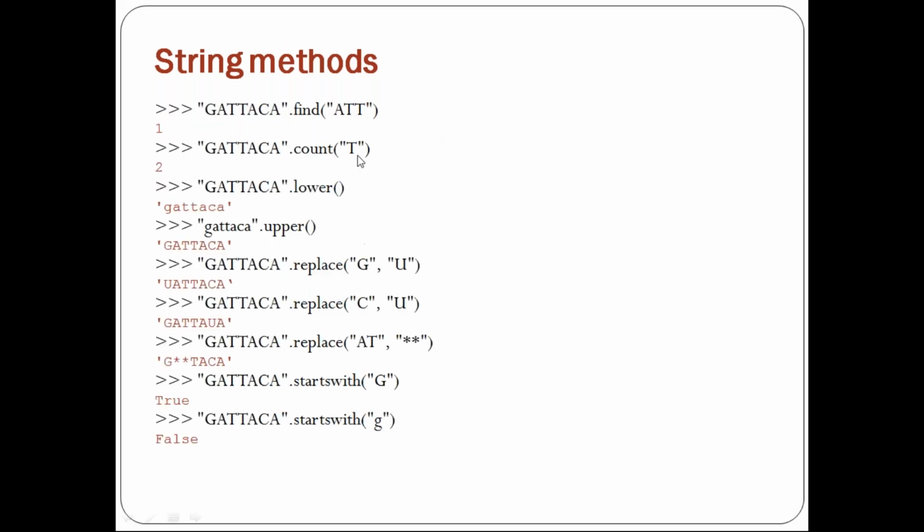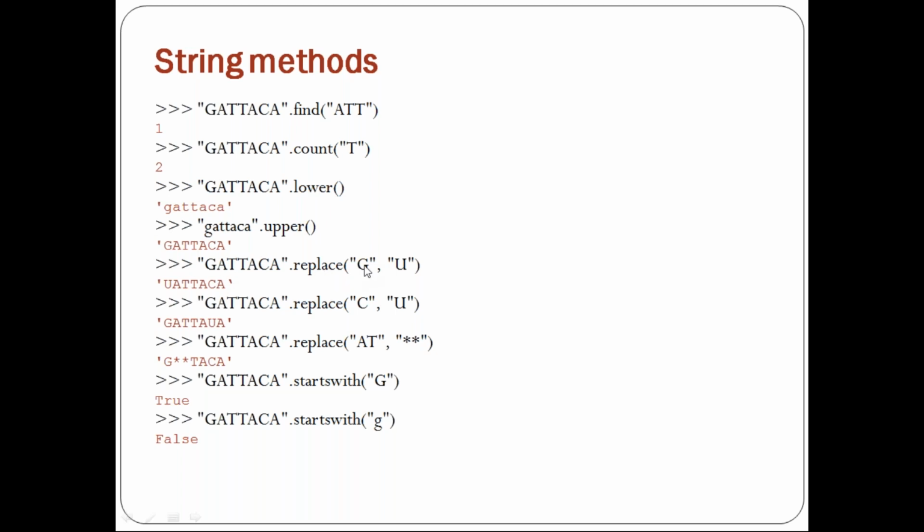And these are some of the built-in methods associated with the string class. Find returns the position at which the supplied argument is available, and the count method returns how many times that character was repeated in the input sequence. Lower does the lowercase conversion, and upper does the uppercase conversion.